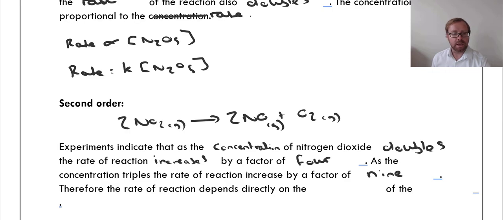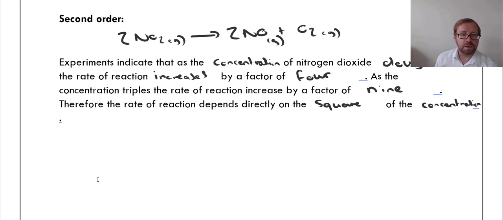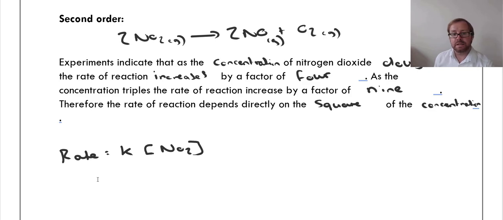So what does that mean? Therefore, the rate of reaction depends directly on the square of the concentration. And I can write the rate equation then as rate equals k, so my concentration of NO2, and it's the square up here.